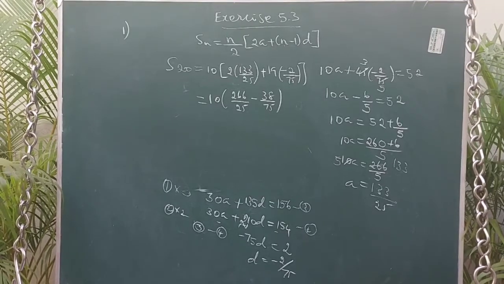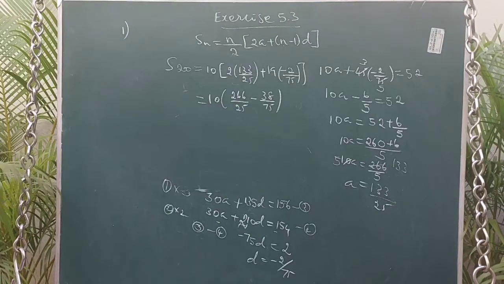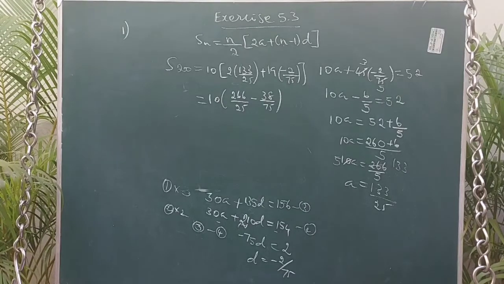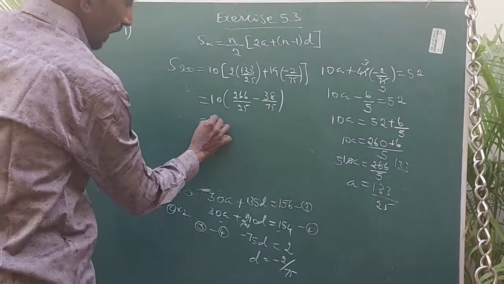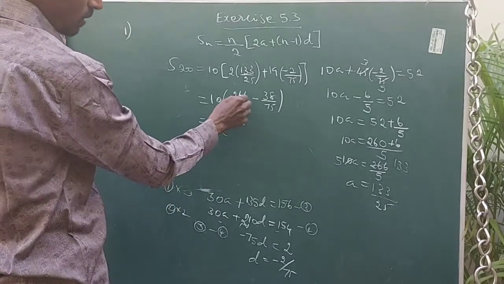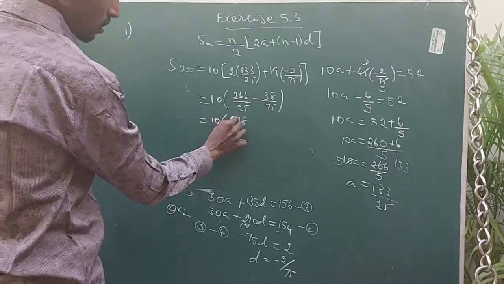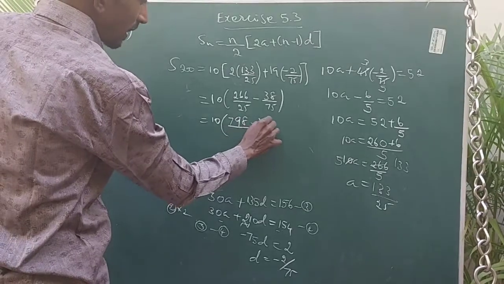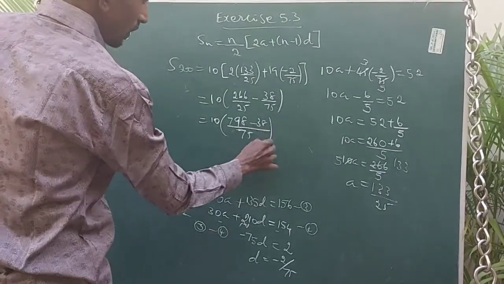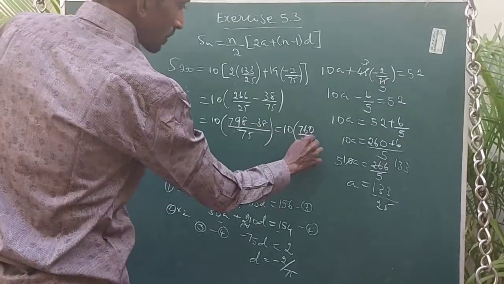If you want, you can take the LCM as 75. So we can multiply 266 by 25, both numerator and denominator, by 3. So we get 798 by 75 minus 38 by 75, so 10 into 760 by 75.